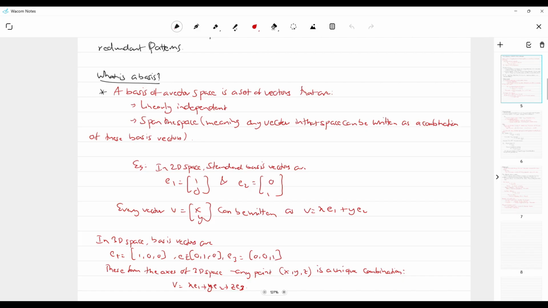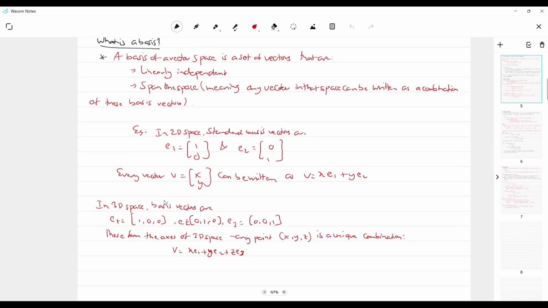They form a basis for 2D space. Similarly, the standard basis in 3D is e1 equals (1, 0, 0), e2 equals (0, 1, 0), and e3 equals (0, 0, 1). These form the x, y, and z axes. Any 3D vector can be expressed as a combination of these.